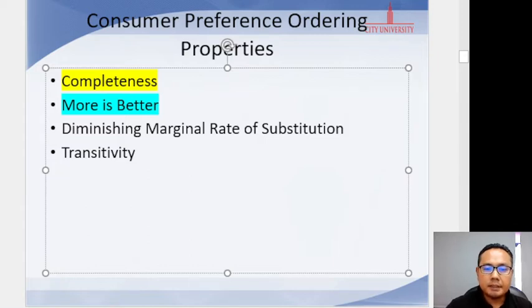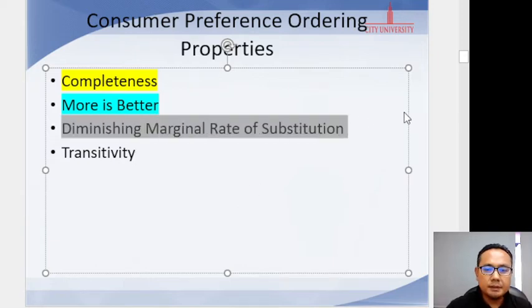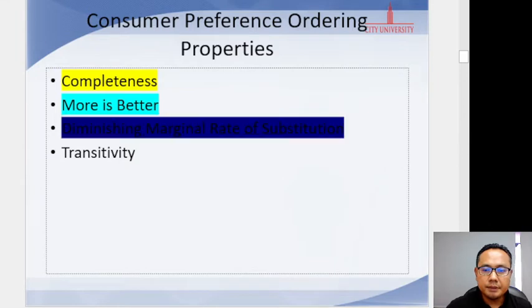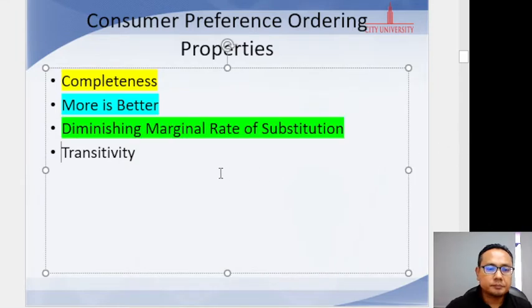Then the property of diminishing marginal rate of substitution. As a consumer obtains more of good X, the amount of good Y he or she is willing to give up to obtain another unit of good X decreases.